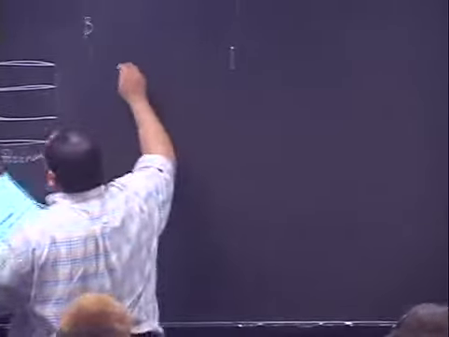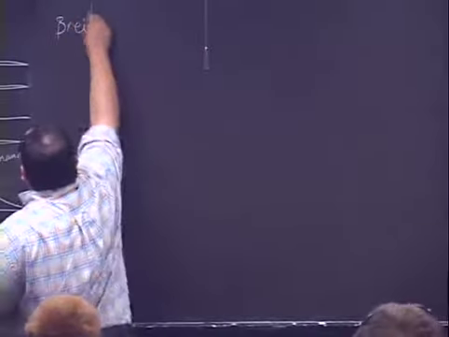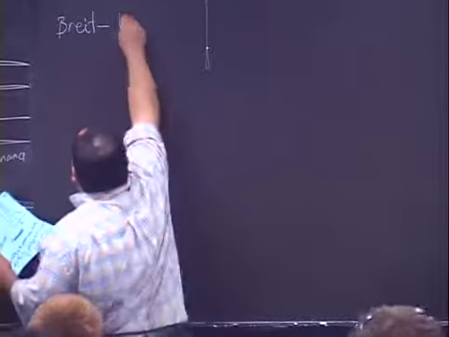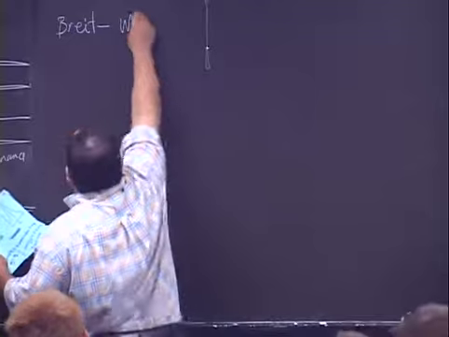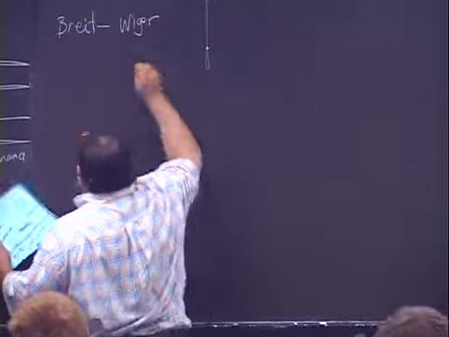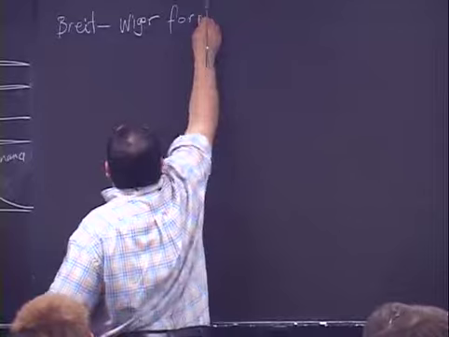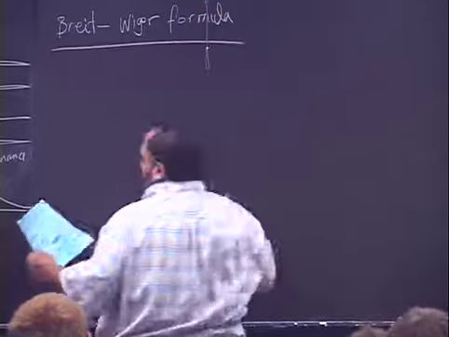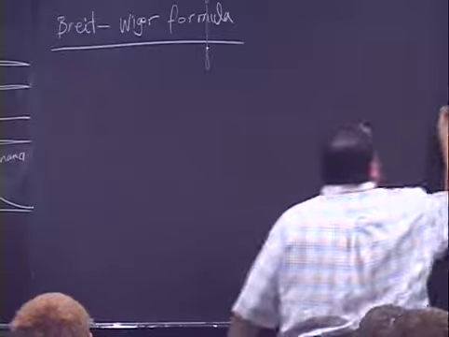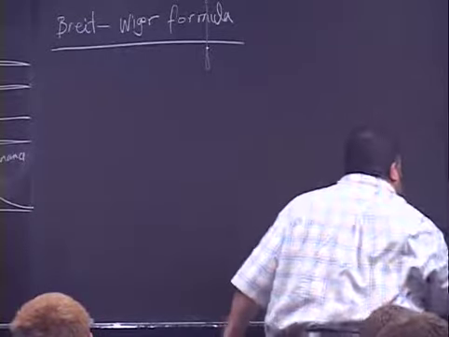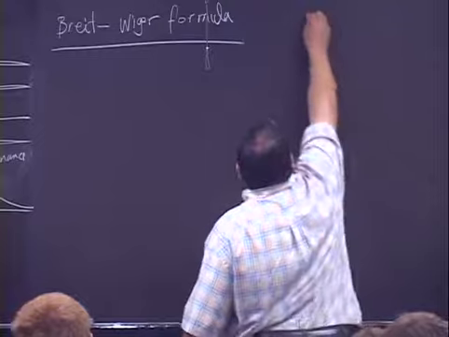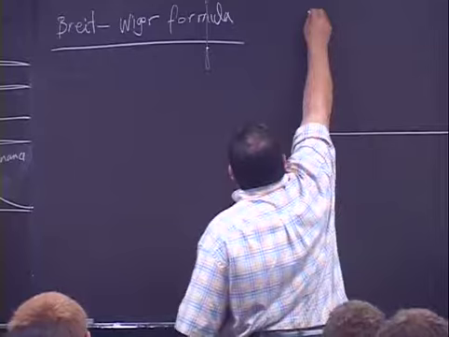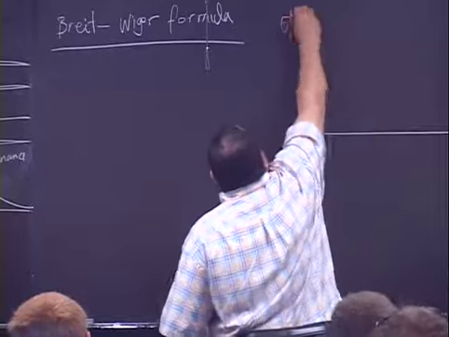This formula is deduced by Breit-Wigner, the Breit-Wigner formula. In the Breit-Wigner formula, it's assumed that this is an isolated resonance. We will see in a minute what we mean by isolated resonance.